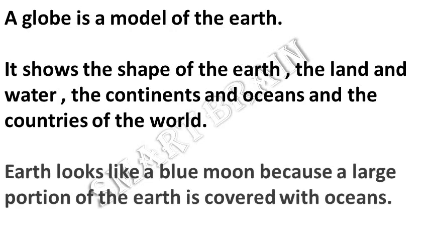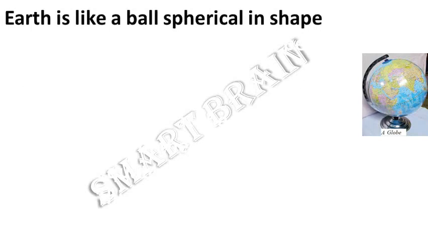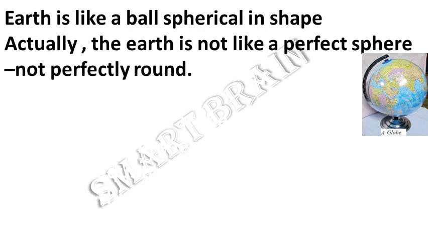Earth looks like a blue moon because a large portion of the Earth is covered with oceans. Earth is like a ball, spherical in shape. Actually, the Earth is not like a perfect sphere, not perfectly round.